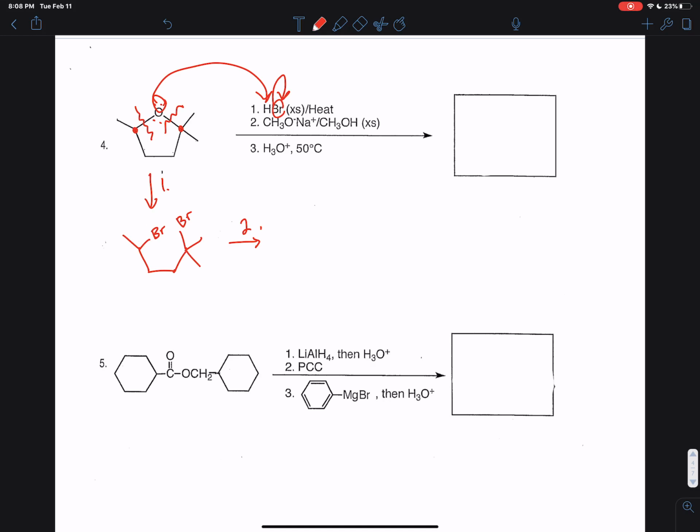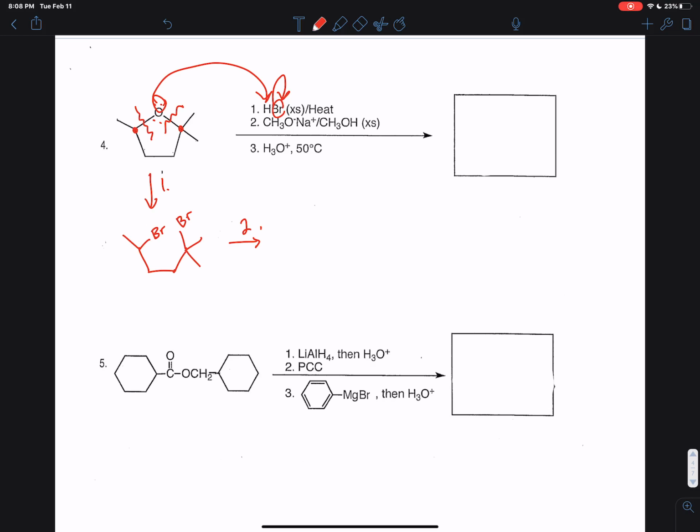Okay, perfect. So now, step number 2, let's see. Looking at our reagent here, not what's on the arrow, what's right over here, we have leaving groups, right? So the classification of that molecule is an alkyl halide. What are the degrees of our alkyl halides?